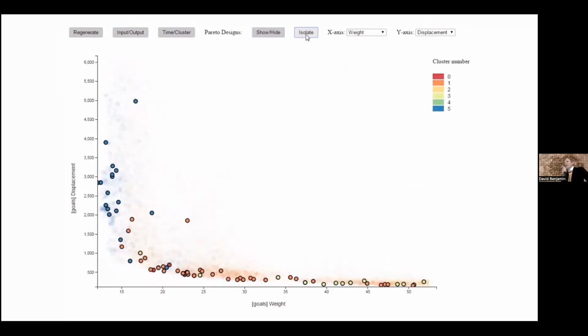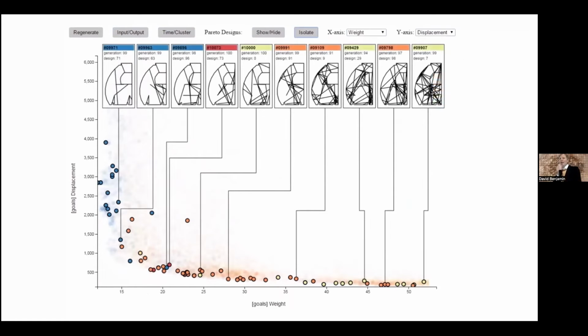And eventually you can identify the mathematical set of best design options for meeting your 2 goals, lowest weight and lowest displacement under load. So you want to be at that 0, 0 point of the graph. You can't quite get there, but you can get things that are close and look at the trade-offs.